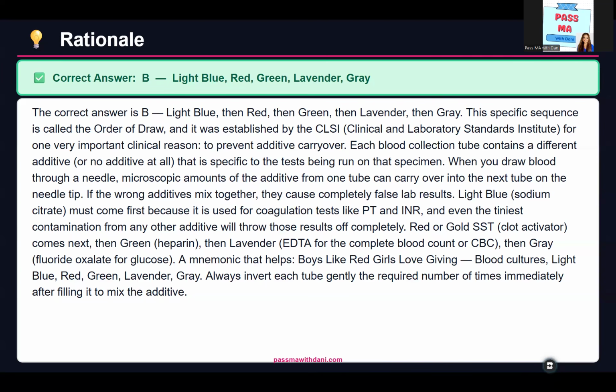If an additive in one tube rolls over to another tube, if you are not drawing in the correct order, then the other tube can become contaminated and they won't be able to utilize the specimen. So we have to make sure that we abide by the order of draw. Light blue, red, green, lavender, gray.